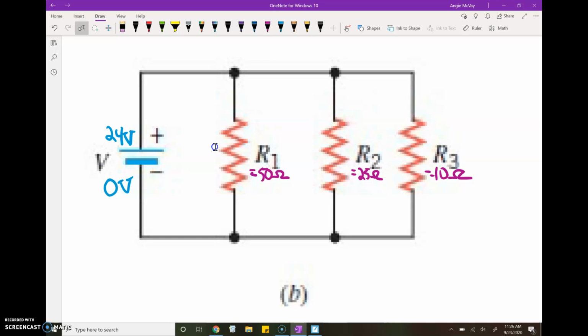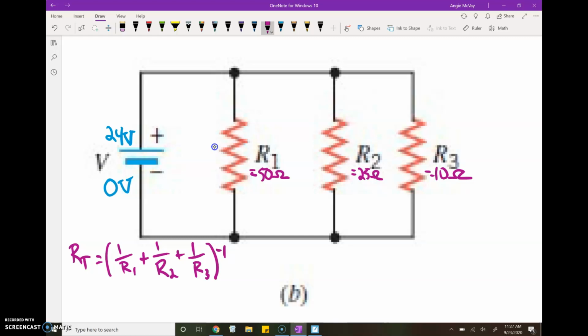All right, so to find the total resistance, right down here, total resistance in parallel, remember, is the sum of the inverse of the individual R1, R2, R3, right? And then you take the inverse of those.